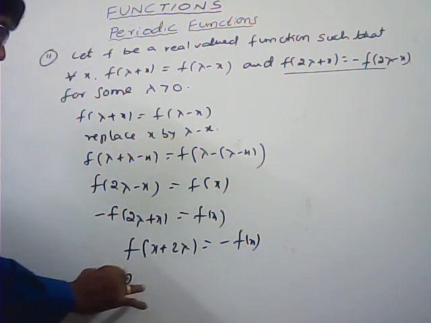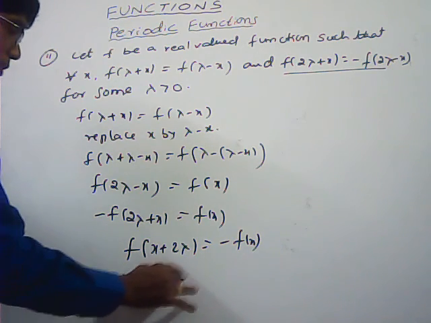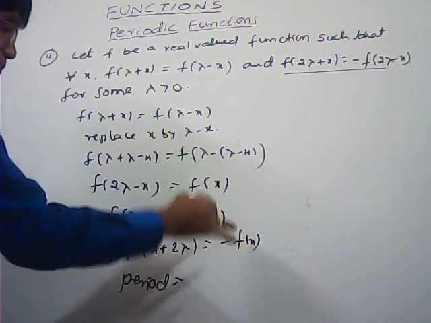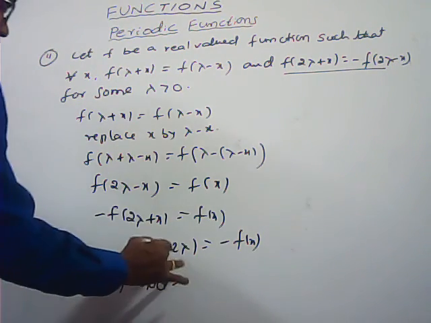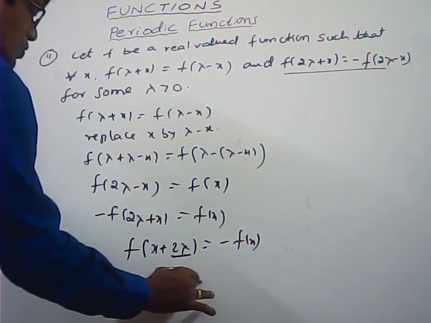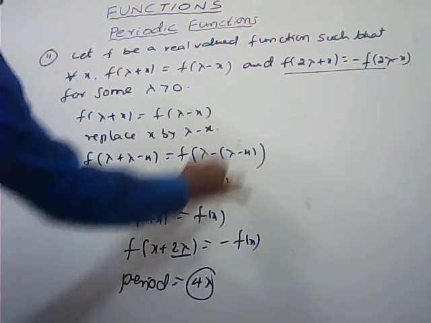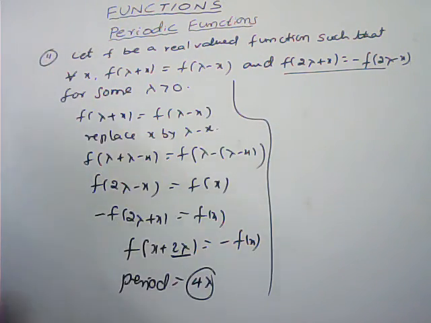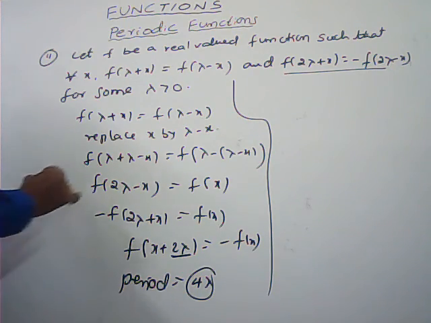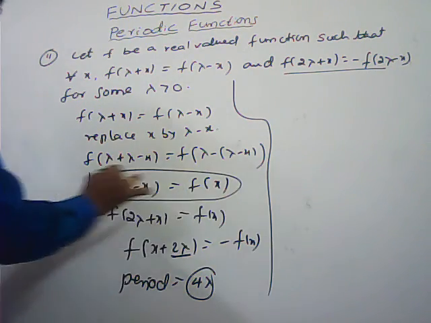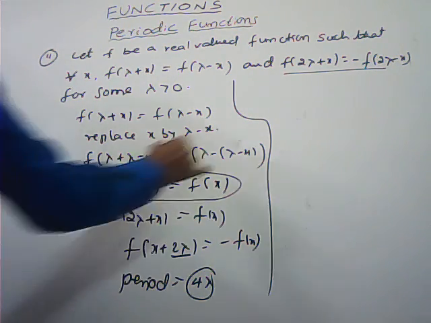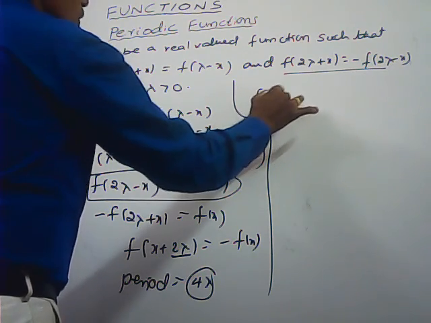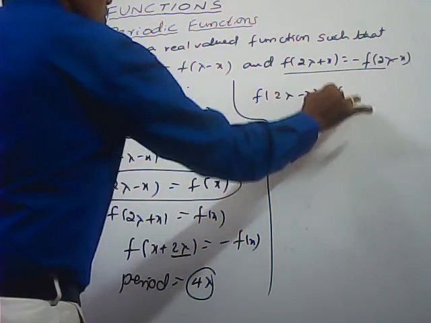So here we can say, if f of x plus k is equal to minus f of x, then the period is equal to 2 times this one. So 4 lambda is the period of this function. Now here we can check whether the function is even or odd. In this relation, I am writing again f of 2 lambda minus x is equal to f of x.